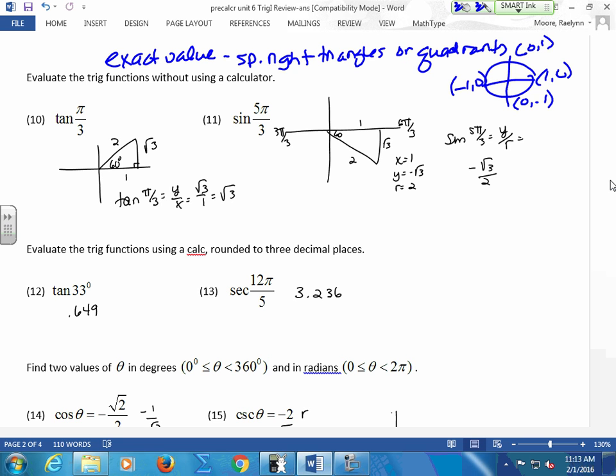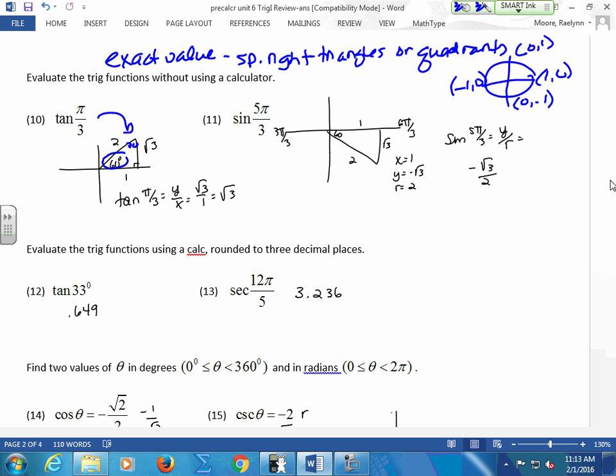So tangent of pi over 3. So this is 1 pi over 3. How many times does 3 go into 180? 60. So I've got a triangle in quadrant 1 with a reference angle of 60. That's my special triangle. Opposite the 30 is 1. Opposite the 90 is 2.